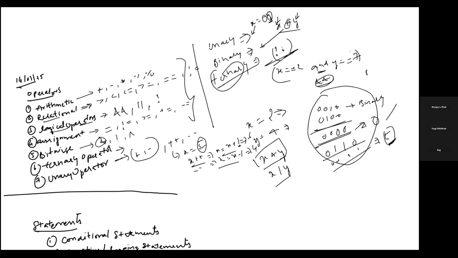So I have declared a variable int x is equal to 5, int y is equal to 2. What is the value of x double equals to 5?